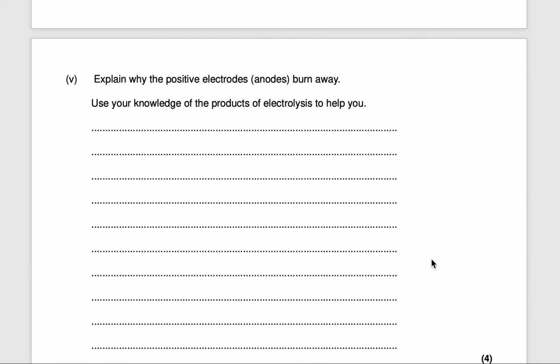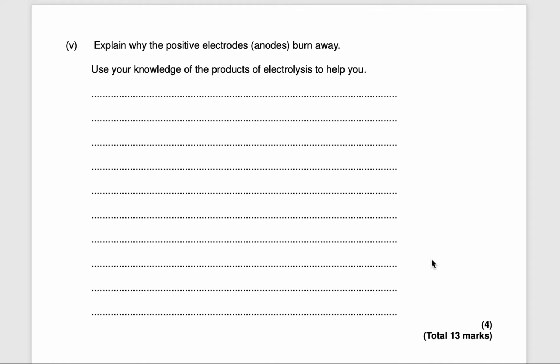Okay, next question. Explain why positive electrodes, the anodes, burn away. Use your knowledge of the products of electrolysis to help you. The positive electrodes, or the anodes, burn away, and this is relating to the aluminium oxide. Oxygen is going to be formed at the anode because opposites attract.